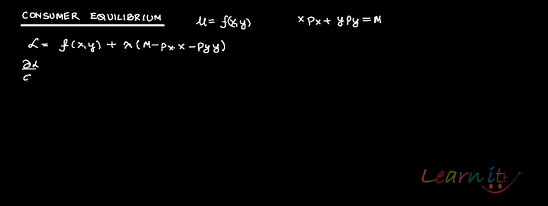So del L by del x, which is say Lx, is fx minus lambda px equals 0.